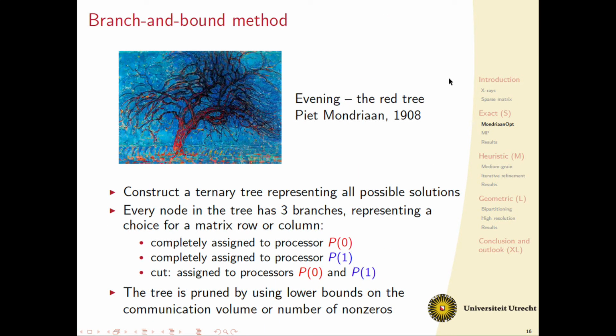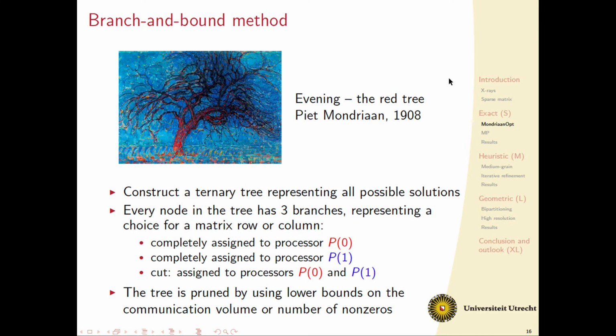Okay, so then what is the method? It's based on branch and bound. This is actually also a picture by Piet Mondriaan. He didn't only paint abstract paintings, but this is the period before he went abstract. So the idea is that in this branch and bound algorithm, we choose for every row or column of the matrix either to completely paint it in a single color, red or blue, or we cut it.